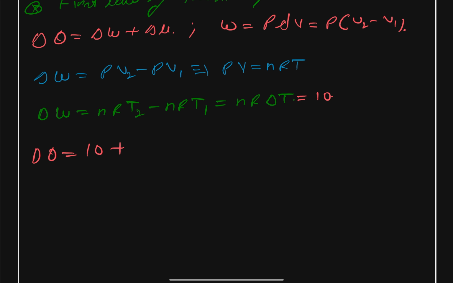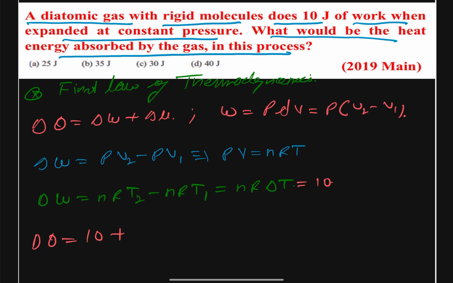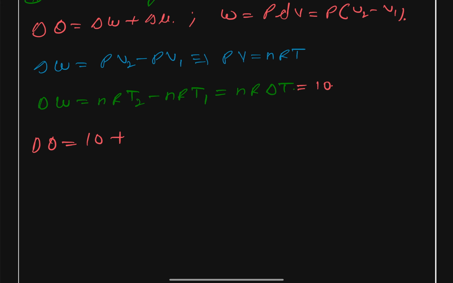So we can say that delta U is equal to nf upon 2 multiplied by R times delta T, and degree of freedom, because it says rigid, okay, so this is 10 plus, we have this as 5 by 2, and nR delta T is also 10, so this goes by 5, and we get this as 10 plus 25.